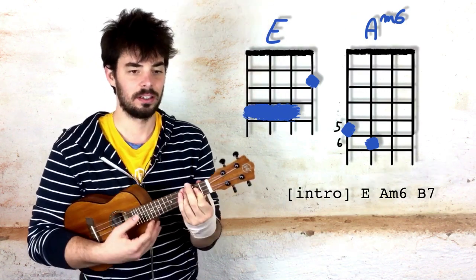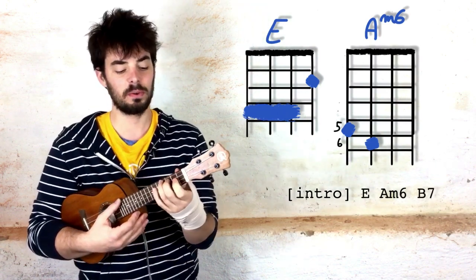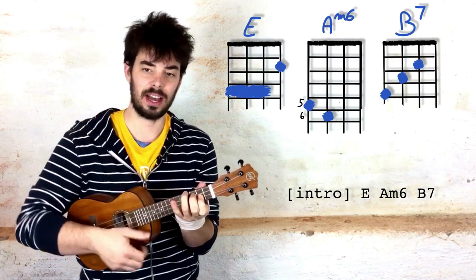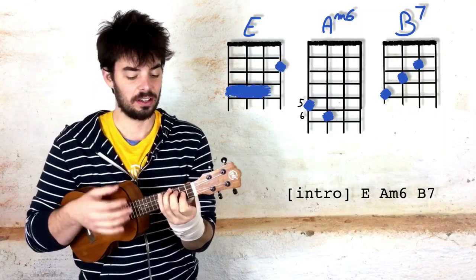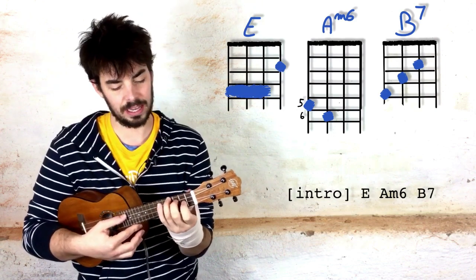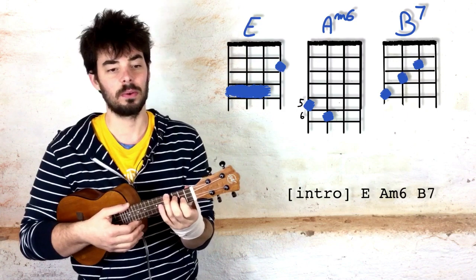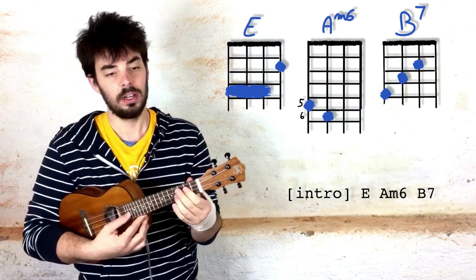E, A6, and B7, which is 4-3-2, and we're going to strum it upwards instead of down, so that the last string that we hit is the G string with a B here, which is the main note of the chord called B7. So, E, and we sing on top of it these notes.